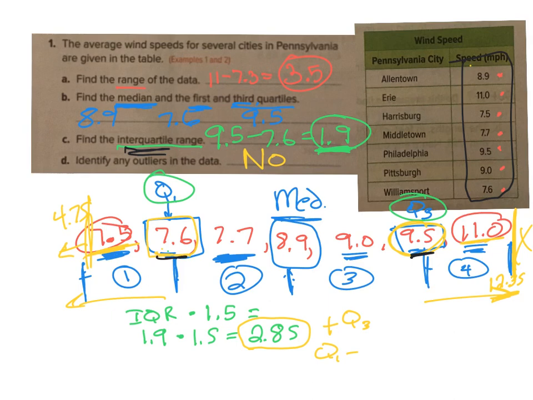And when I did that, I times that by 1.5, so that I got this 2.85, added it to my quartile 3 to see if anything was too big, and I subtracted from quartile 1 to see if anything was too small.